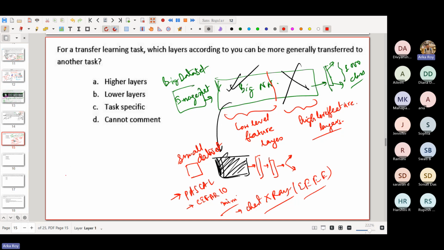You can check one of my papers as well, which is a YAMNet paper. There we had used an audio pre-trained model for fine tuning.